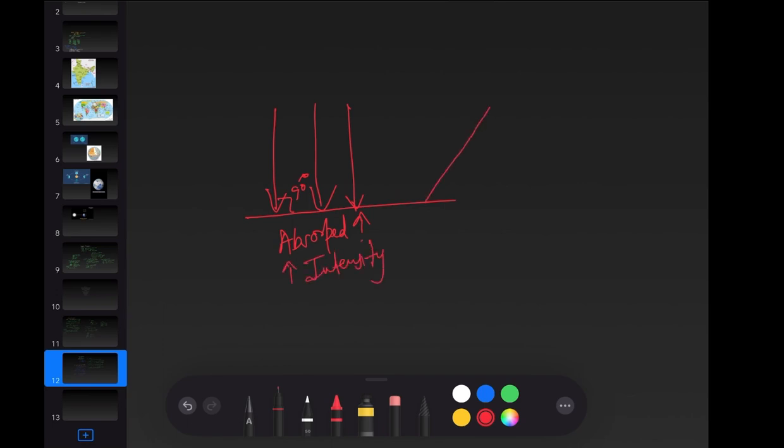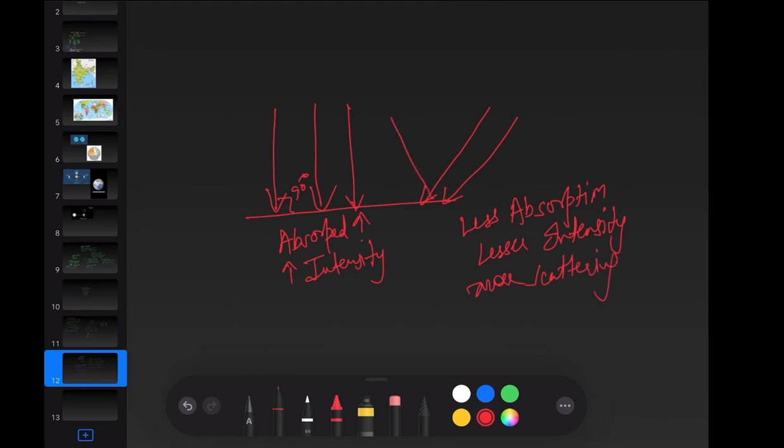While when sun rays fall at a slant angle, there is less absorption, lesser intensity, more scattering, and some is also reflected back to space. So this region experiences relatively colder conditions than that region.